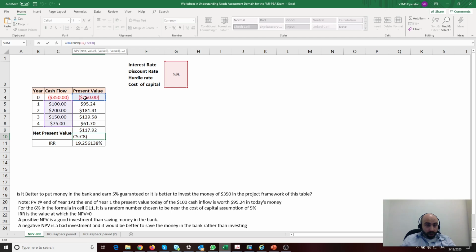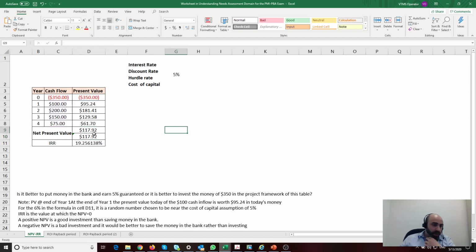So it is this 350 invested money plus the NPV from the NPV formula, and you'll get the same number. Actually that's the same number here. I just wanted to show you that in Excel you have to do a small tweak in order to get the same answer.